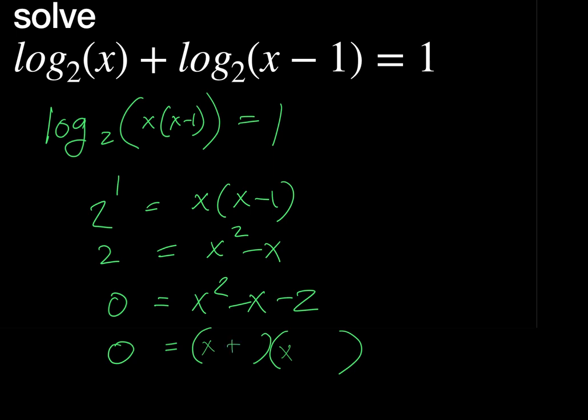One of them is positive and the other negative, the only way to multiply to a negative. -2 and +1 add to -1. Which means either this equals 0 or this equals 0. The first factor is 0 if x equals -1. The second set of parentheses equals 0 if x equals +2.